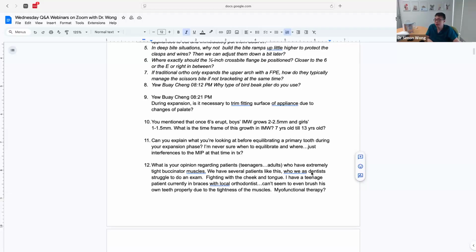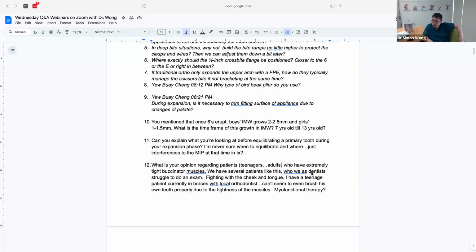Next question. You mentioned that once the sixes are up, boys' intermolar width will naturally grow another 2.5 mils, and girls a mil less. What's the time frame for this growth? Yeah, it's about 7 years of age until about 12 years of age. The 6-year-old molars will naturally expand somewhere between 1 to 2.5 mils.